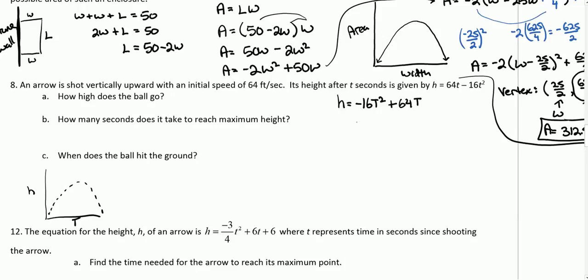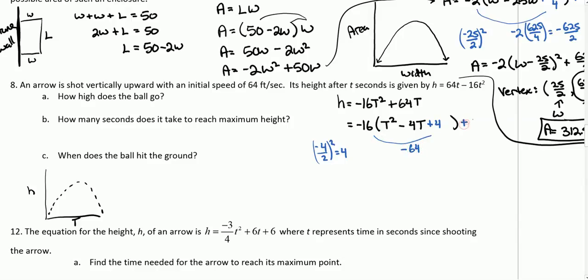And the vertex is where we have our highest point. So I'm going to focus on getting it in vertex form. Factor out the negative 16. You get t squared minus 4t. Leave a little room to complete the square. We cut 4 in half and square it. We end up getting 4, so I'm going to add 4 here, which really has a value of negative 64.